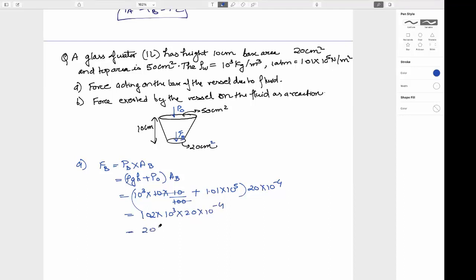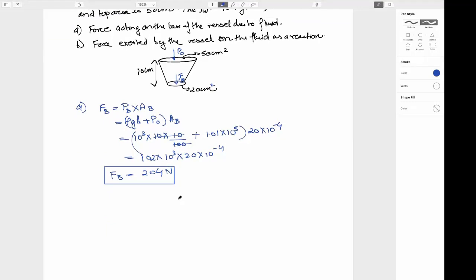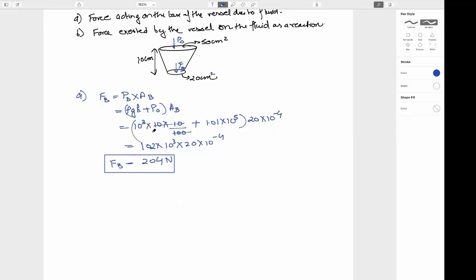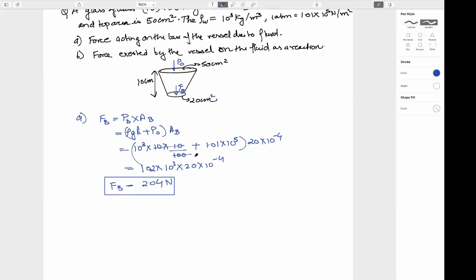So 204 Newton. Please check the calculation maybe. I think it's correct only. Rho GH plus P naught, that is this.